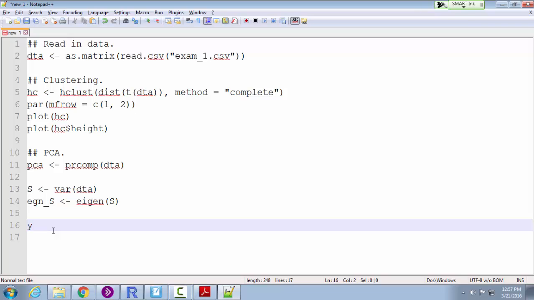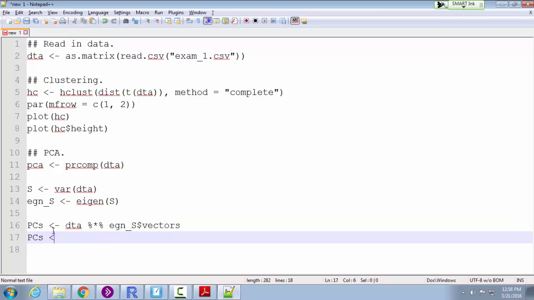So PC1, let's call it Y1. You can actually do this in one fell swoop: the PCs are data times the eigen S vectors, which is the same thing as PCA dollar rotation.